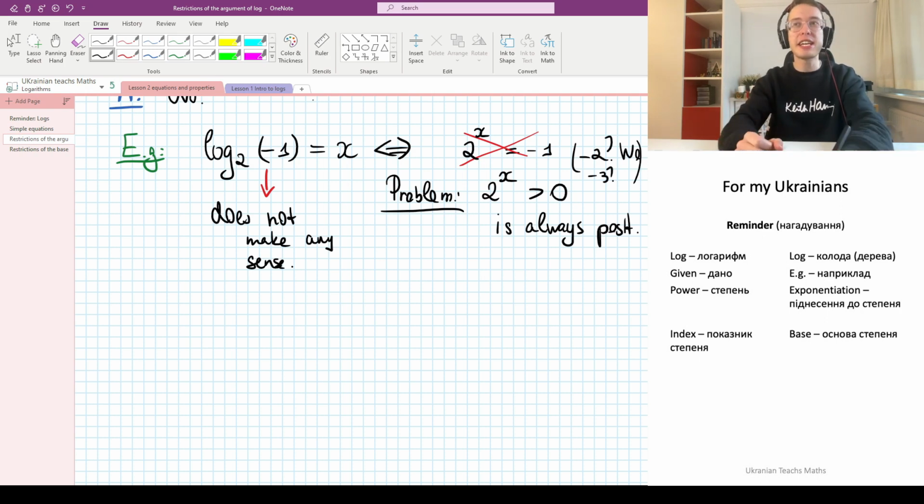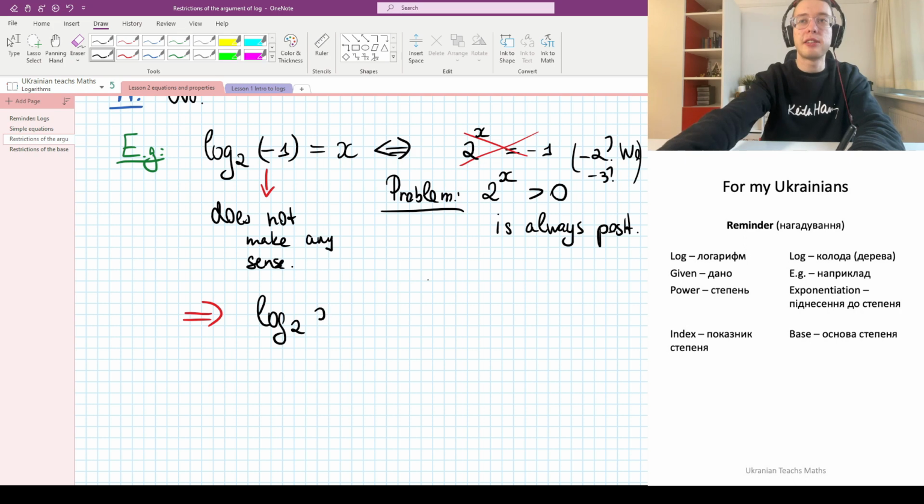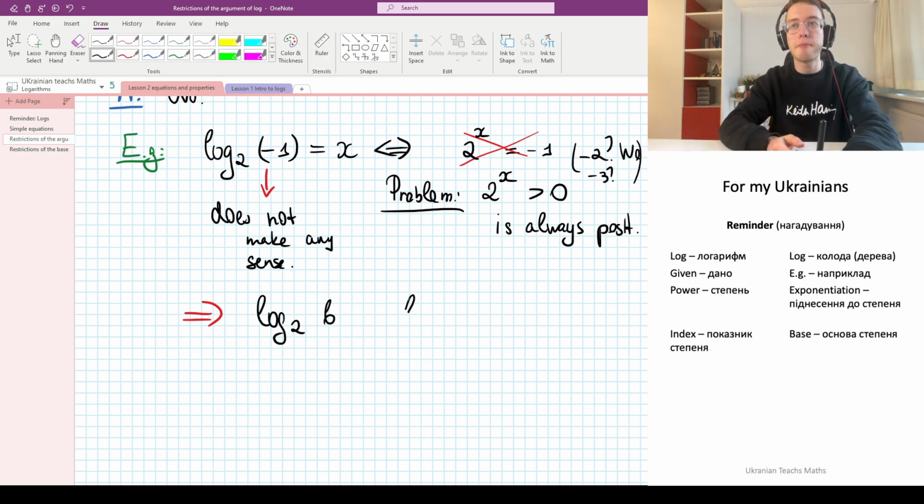Because if this is a negative number, this equation here is unsolvable, and I cannot assign any value to the logarithm. So we have a conclusion that if we have, say, log 2 of x, or let's better say log 2 of b, this means that b has to be greater than 0, which means that we found a proper restriction on b.